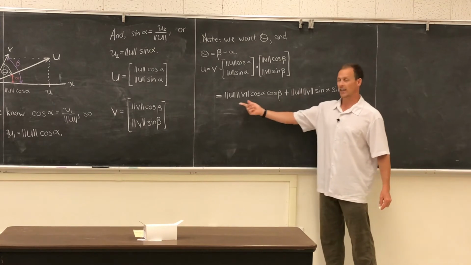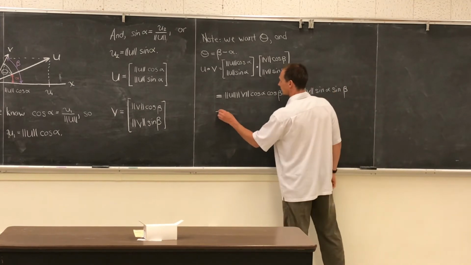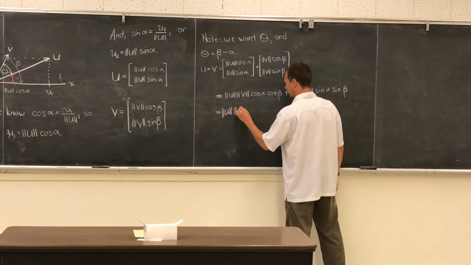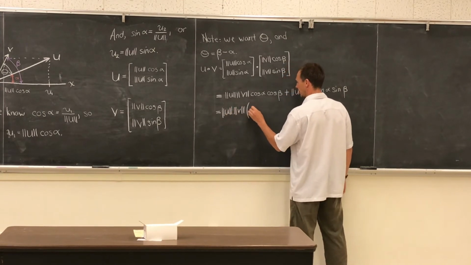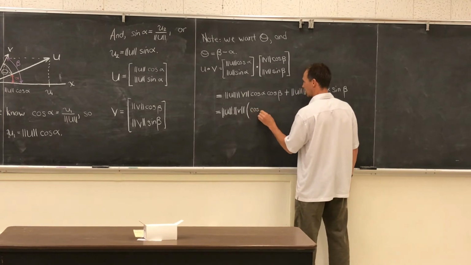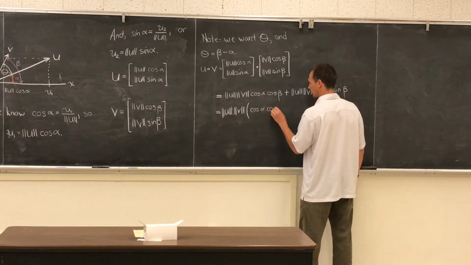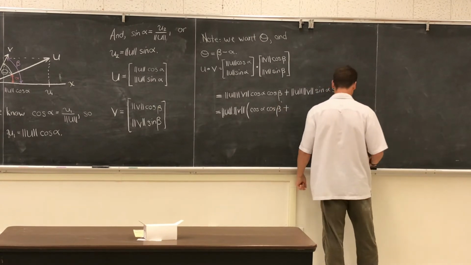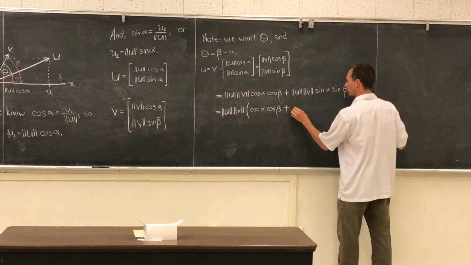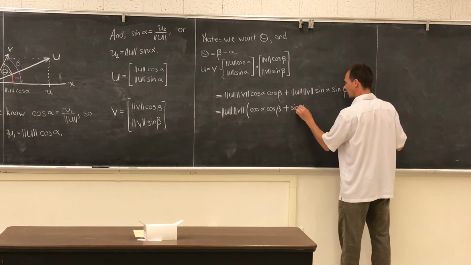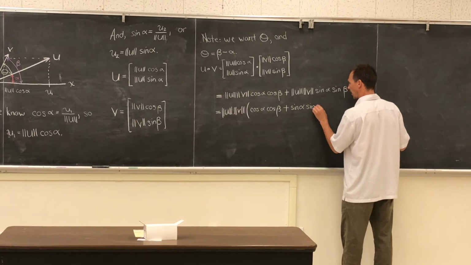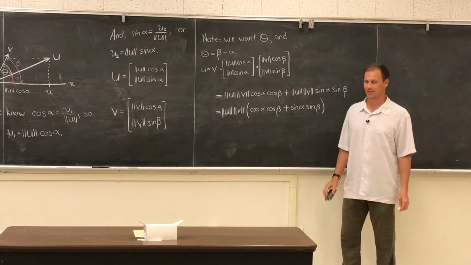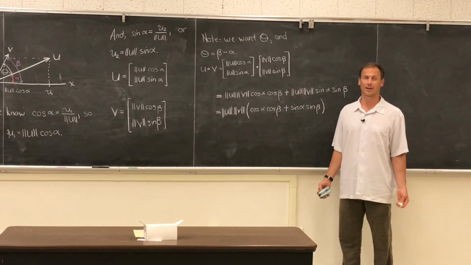Let's factor out the length of u and v. So let's write this as the length of u, length of v, times cosine alpha, cosine beta, plus sine alpha, sine beta.